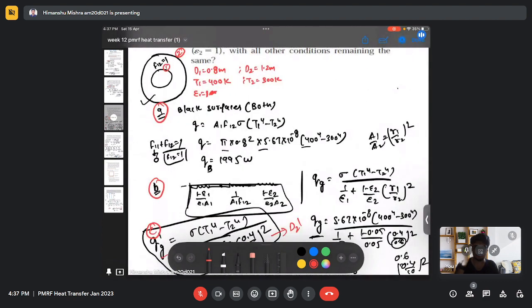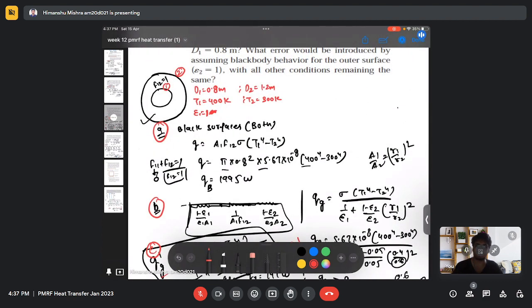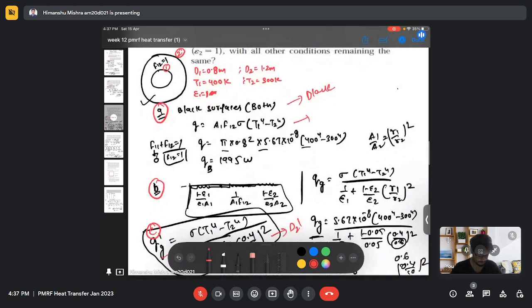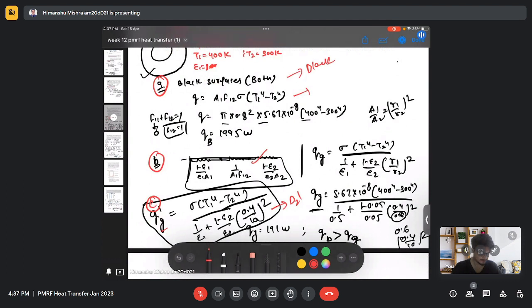In this question we have two concentric spherical surfaces, and in the first part we needed to find the heat transfer considering both surfaces black, and we used the Stefan-Boltzmann law. For the next part, the surfaces are gray, so we are given the emissivity of both surfaces. We used the standard procedure to track down all the resistances, developed the expression for the heat transfer based on the resistances, and found the heat transfer with gray surfaces.